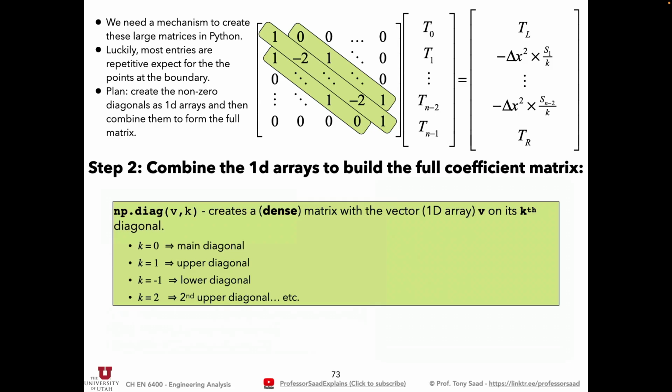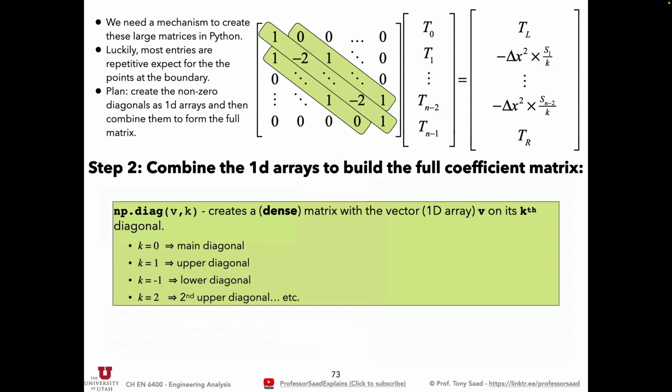So numpy.diag takes a 1D array called v, or vector, and places it on the kth diagonal in a matrix. And it returns a full dense matrix. Okay? What is k? The main diagonal is always our reference in a matrix. The index of that diagonal is 0.